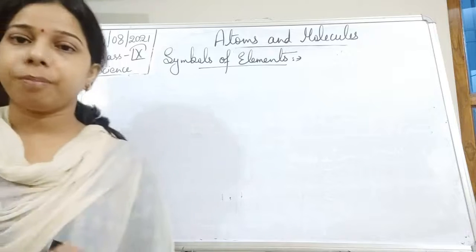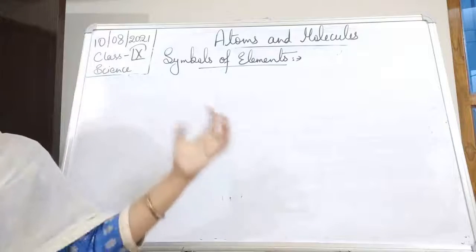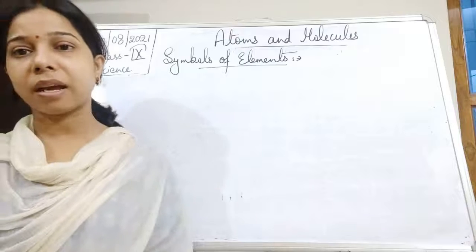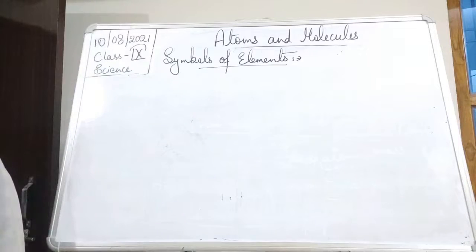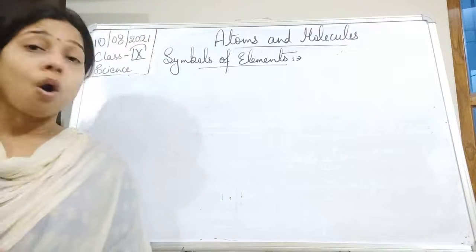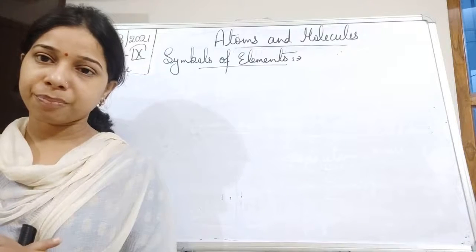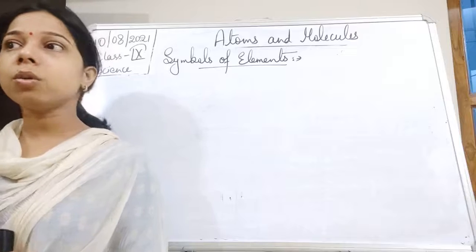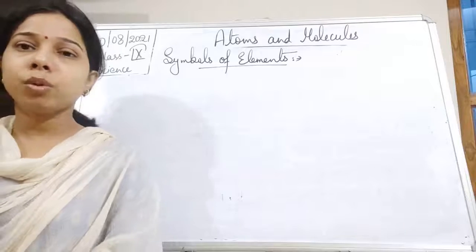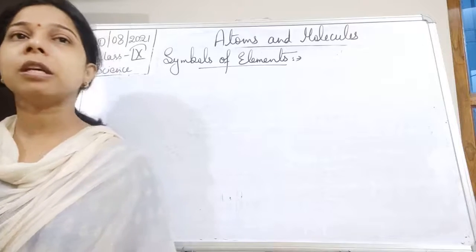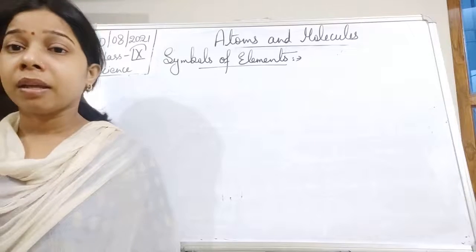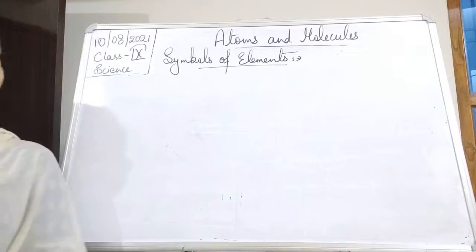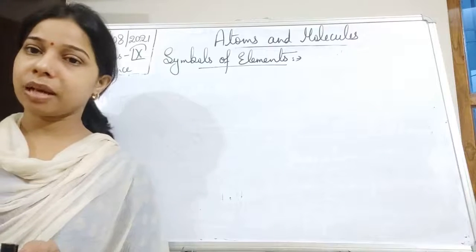Before we try to understand the symbols of element, what is a symbol, students? A symbol is a thing which represents or stands for something. In order to understand anything, we represent it through a sketch or through a letter that is called a symbol.